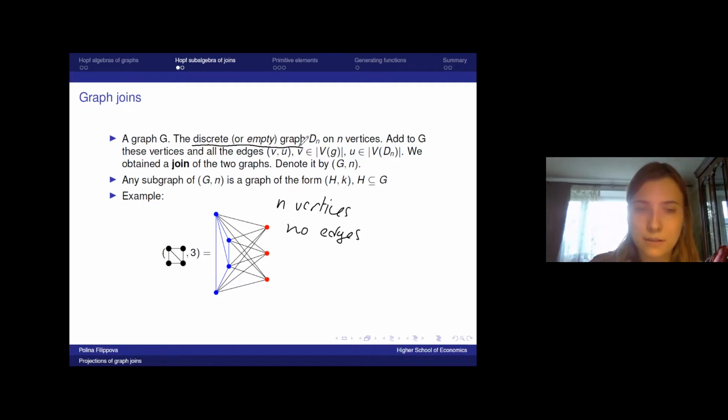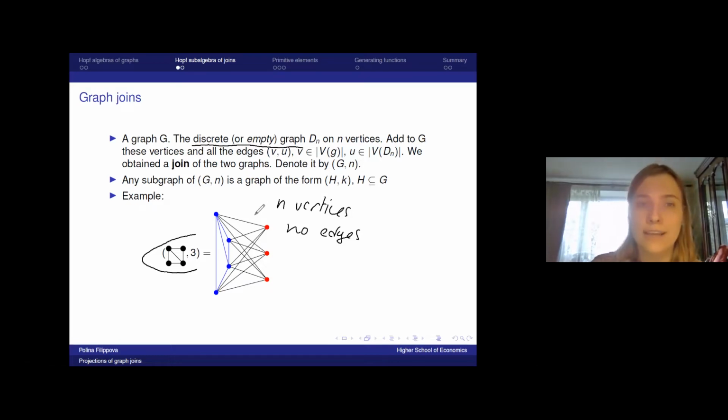That means that we add an edge between any vertex of G and any vertex of this discrete graph. And we obtain, for example, for such a graph with 4 vertices, such a join.